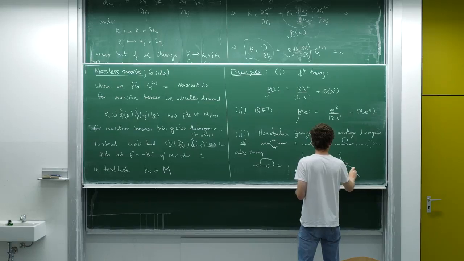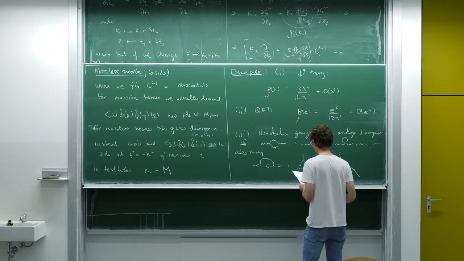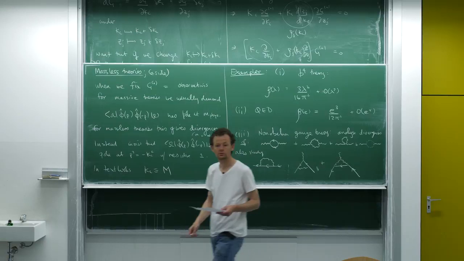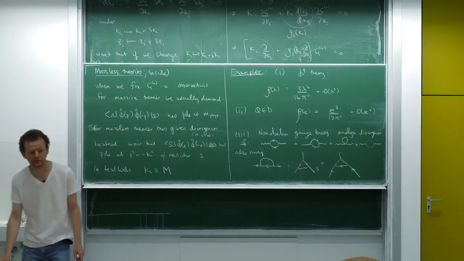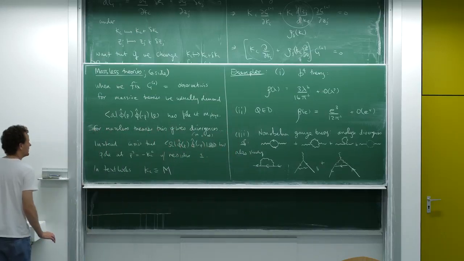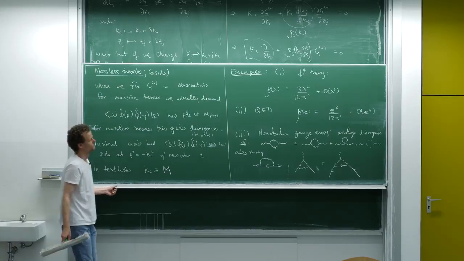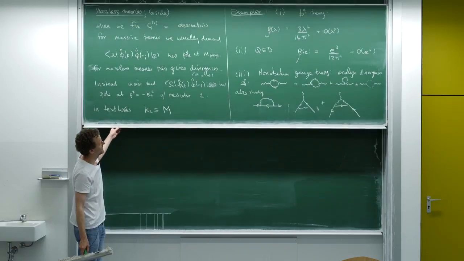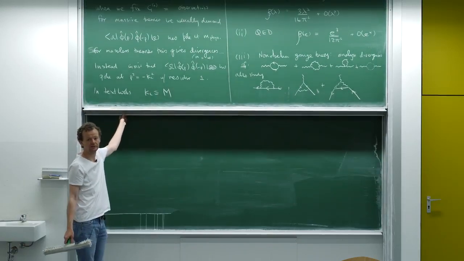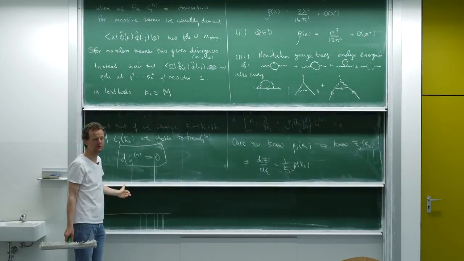And only once you've done all these diagrams do you find out how the counter terms depend on the cutoff. And then, and only then, do you work out the beta function. So this is a calculation that goes over, I don't know, let's say 5 or 6 pages, A4.